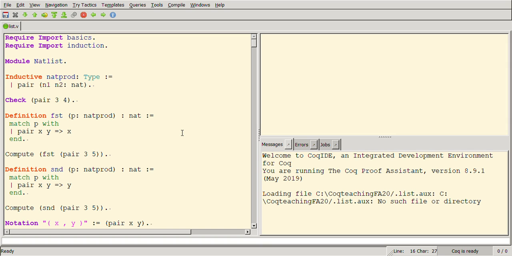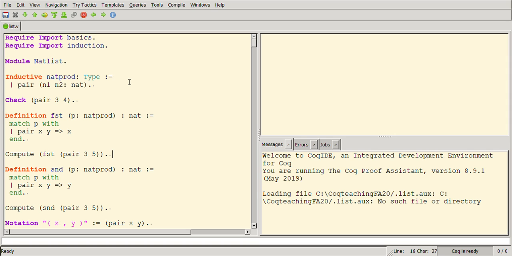In this lecture, I'm using the Coq Proof Assistant to formally specify and verify a simple system of natural numbers, in particular nat lists and bags. In this library, named list.v, two other libraries have been imported using the Require Import command.